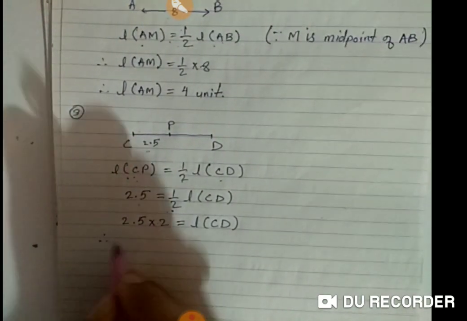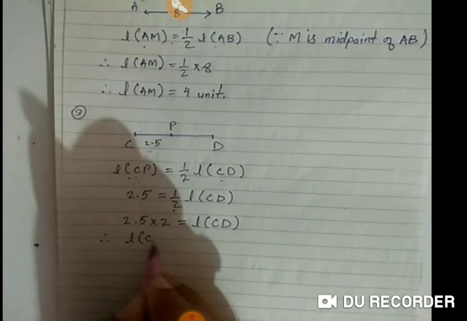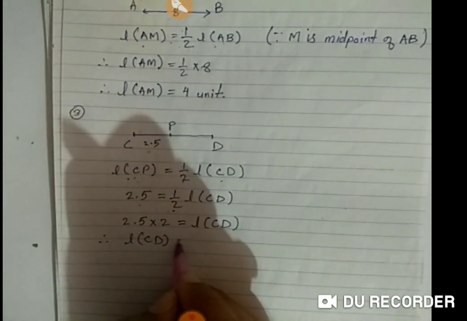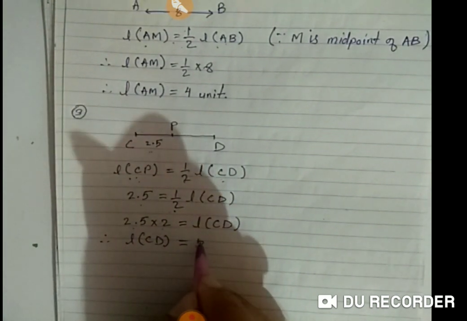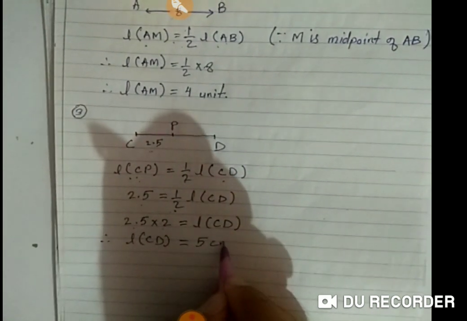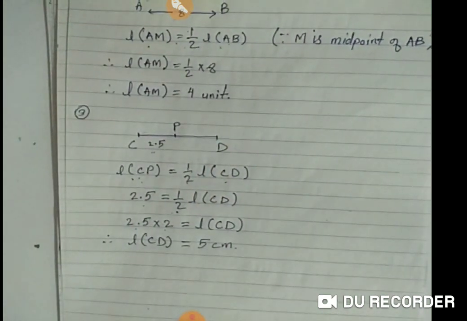So therefore, length of CD is 2.5 into 2, which will give you 5 centimeter. So this is your answer.